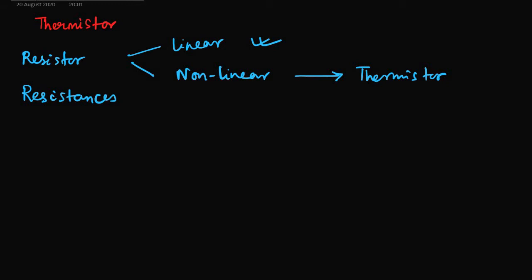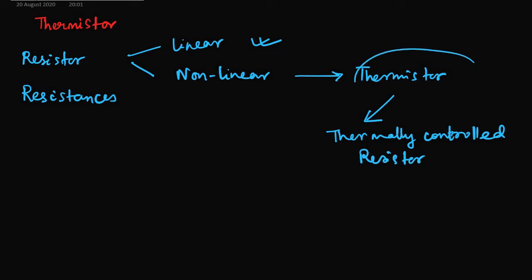As the name is suggesting, it is a thermally controlled resistor. Thermistor generally acts as a thermal sensor. Now, where do we need this thermal kind of sensor? Where do we use it?